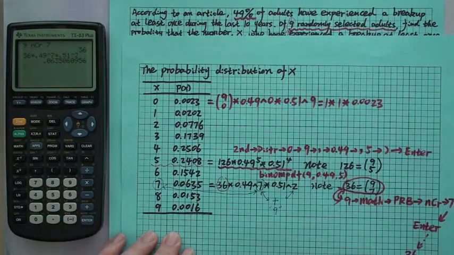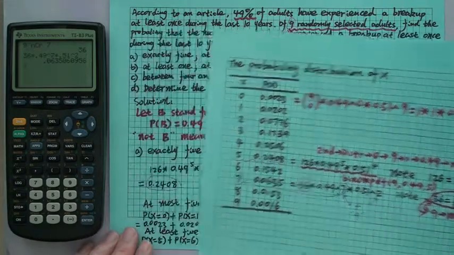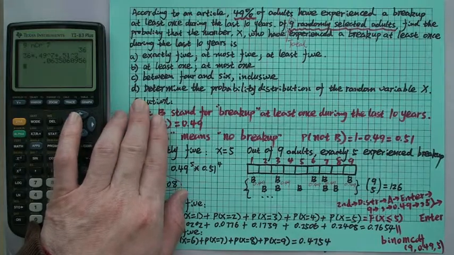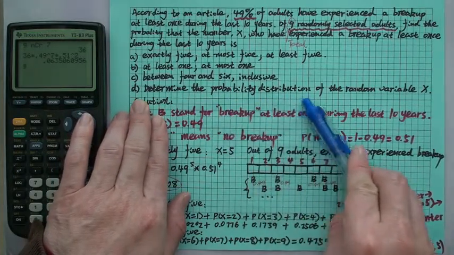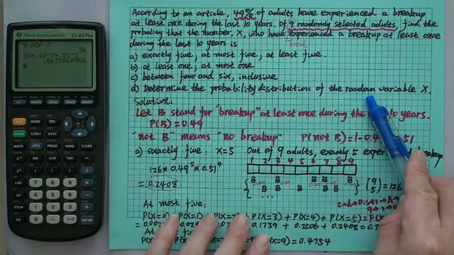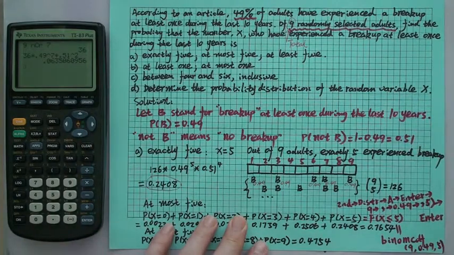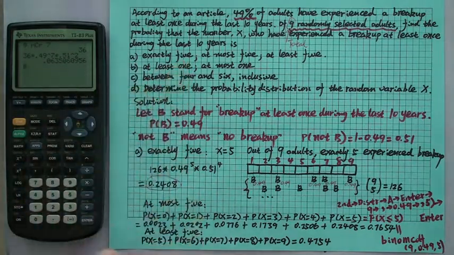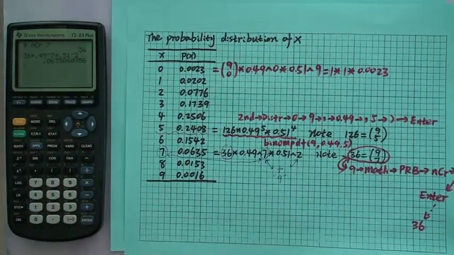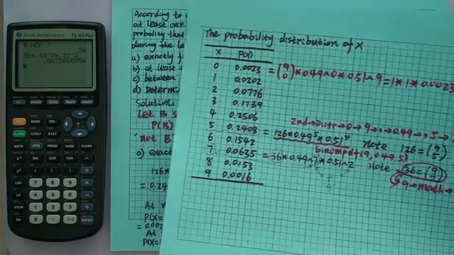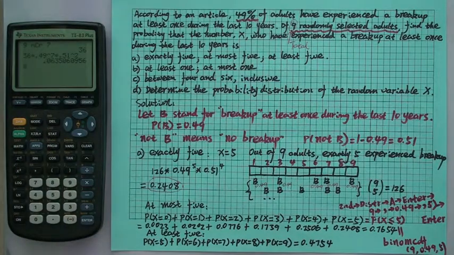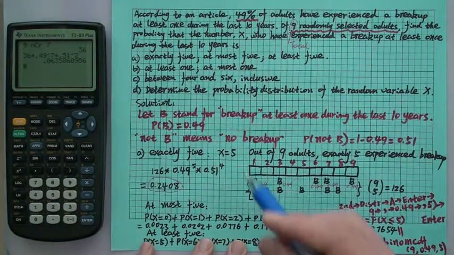So basically what we have done here is we are done with D, determining the probability distribution of the random variable x. We did A, exactly 5, and found the answer for D. And the rest of them might be easy then.